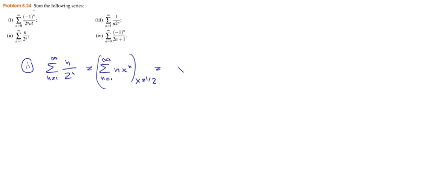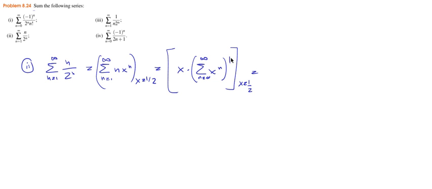Now this is just x times the derivative of the function, the sum of x to the n when n equals 0 to infinity. The derivative of this is n times x to the n minus 1, times x. You get that? All of this evaluated at x equals 1/2.